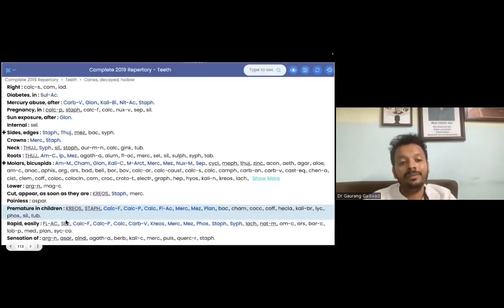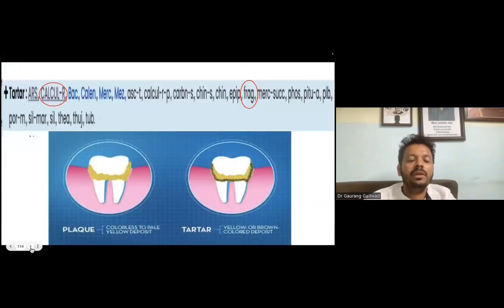Mouth and teeth. Some children have a more premature caries of the teeth. Premature, the teeth get affected. The creosote children, the staphysagria children, the syphilinum children, the teeth are getting carried very fast. Some children get tartar, a lot of black spots on the teeth.